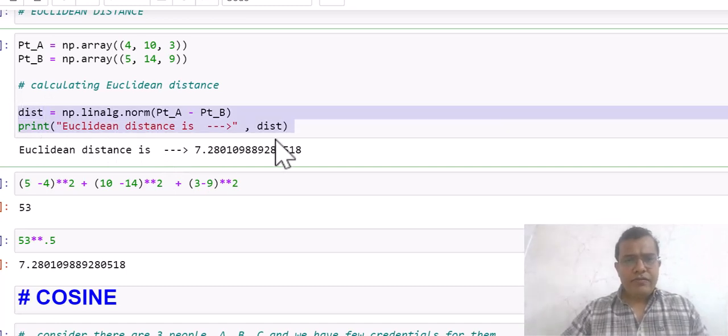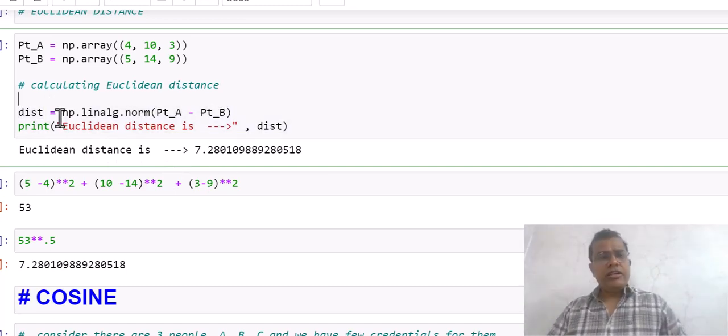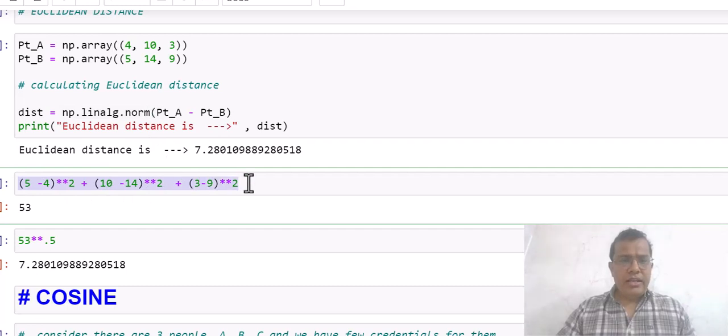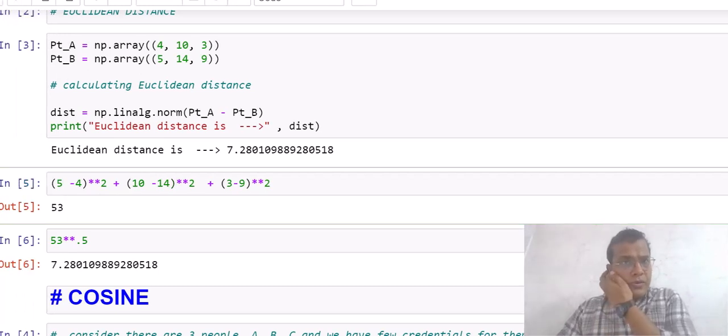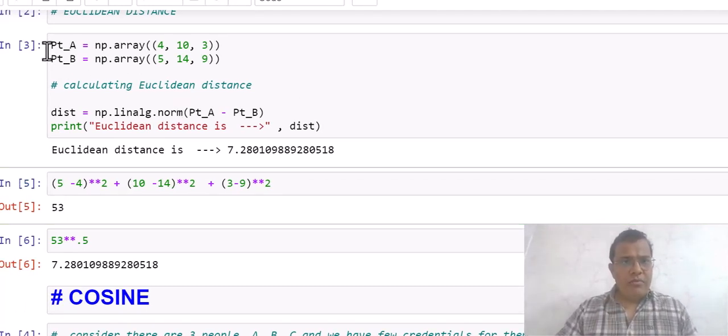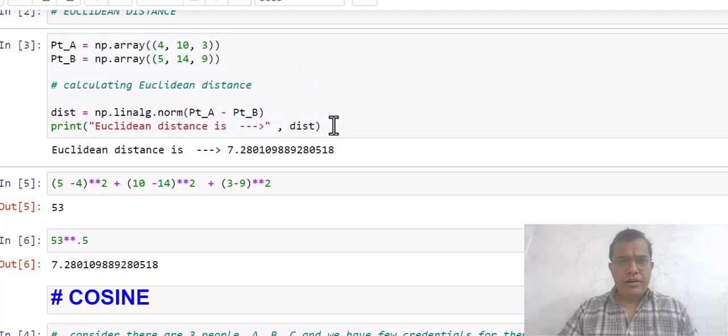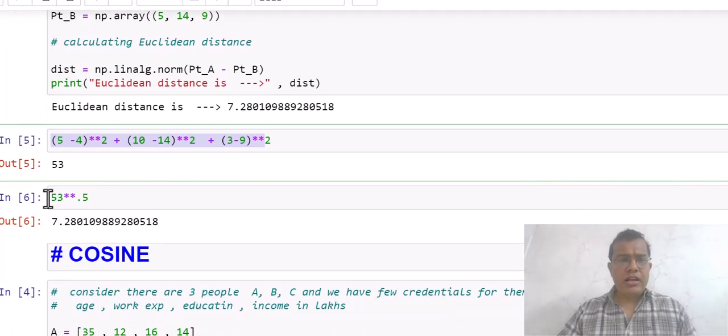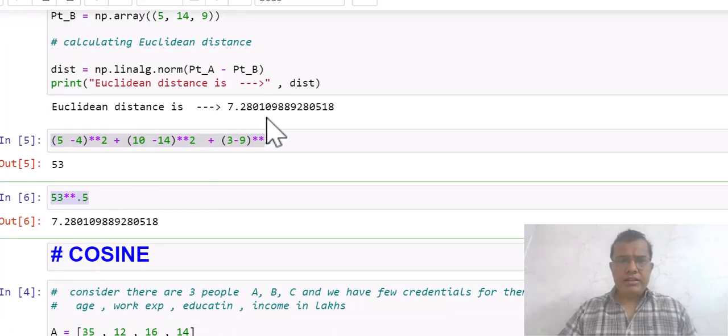Here you can see I have used the function present in numpy, and just to showcase that my calculations are correct, 5 minus 4 whole square. At cell number 3, I have used the inbuilt function present in numpy. But at cell number 5 and 6, we have done the manual calculation and I get the same answer.